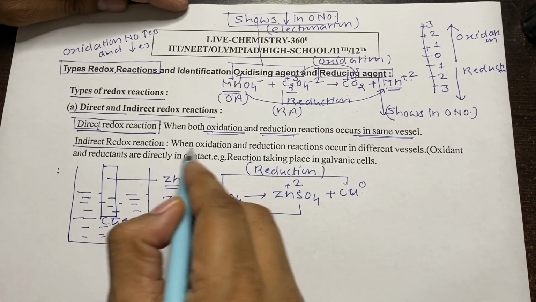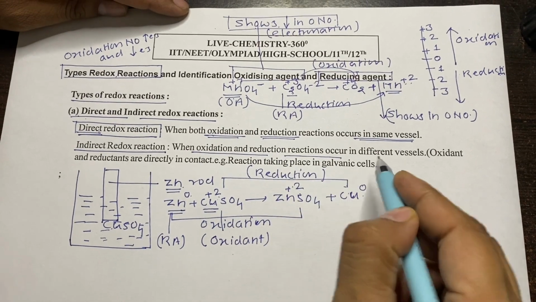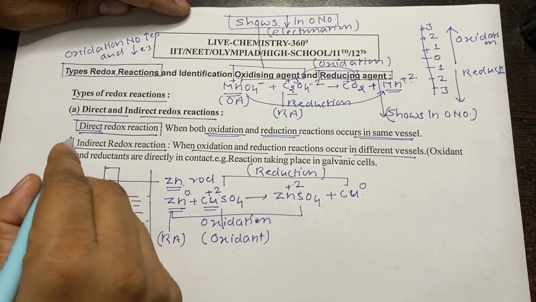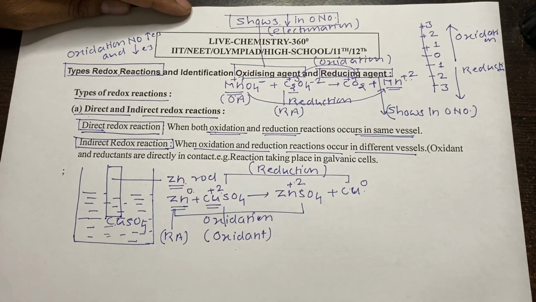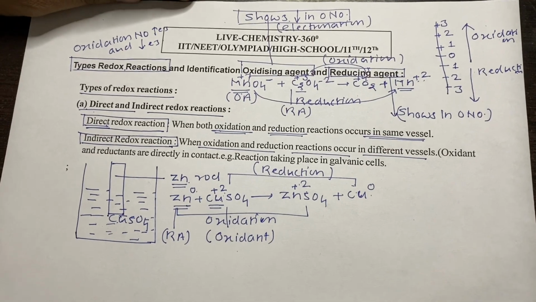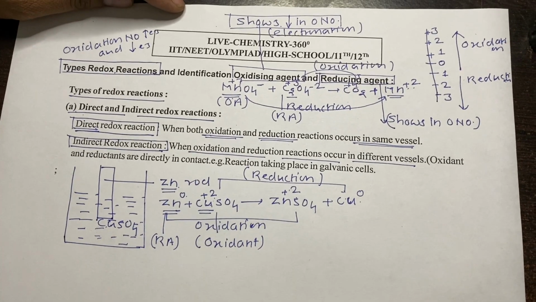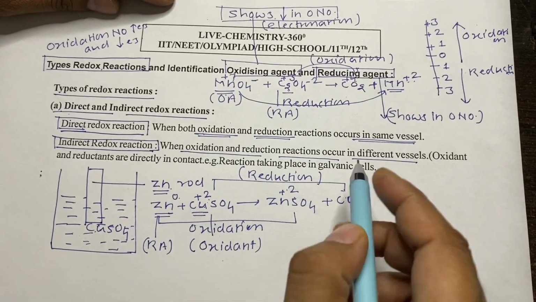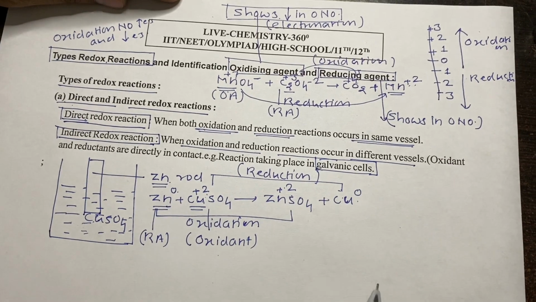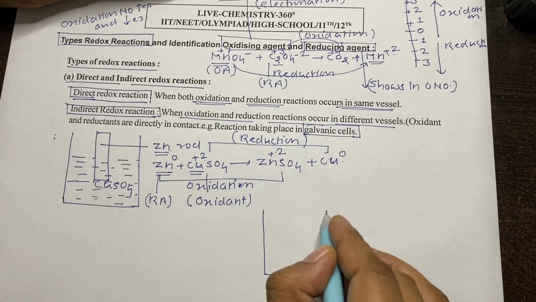Now, what is an indirect redox reaction? In an indirect redox reaction, we carry out the oxidation and reduction reactions in two different vessels. This is a very important reaction because most of the total energy is used to do useful work, and it is basically used in galvanic cells or redox cells. So how can we carry out this reaction?